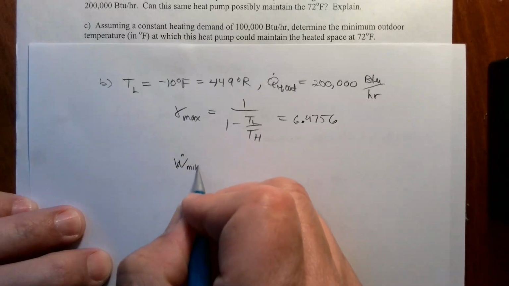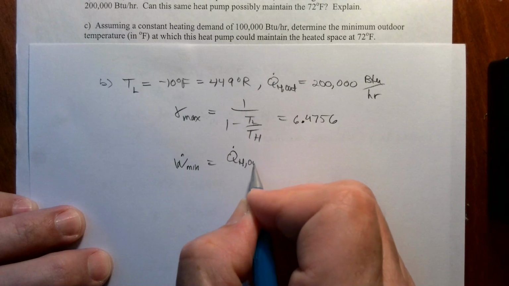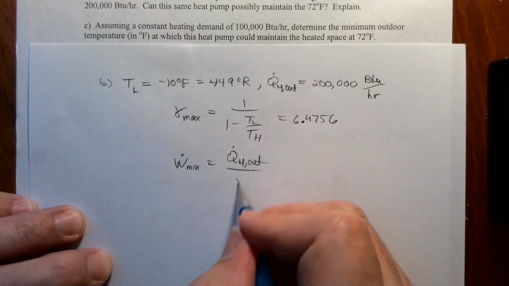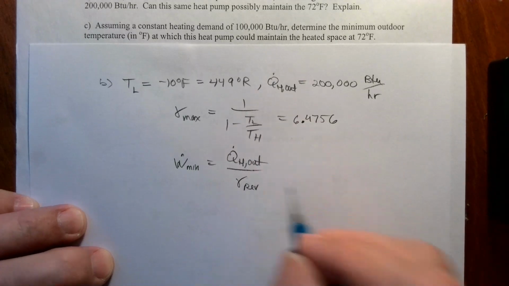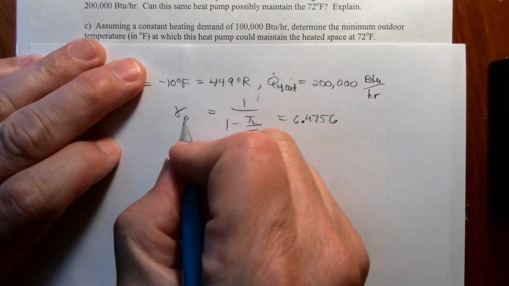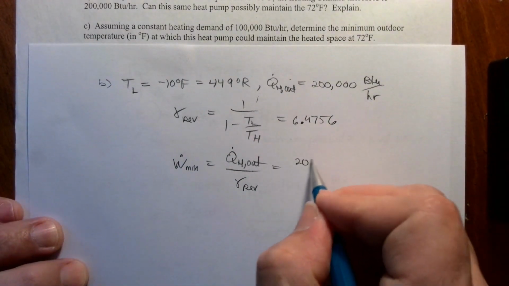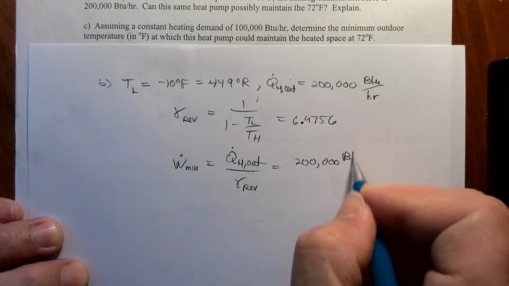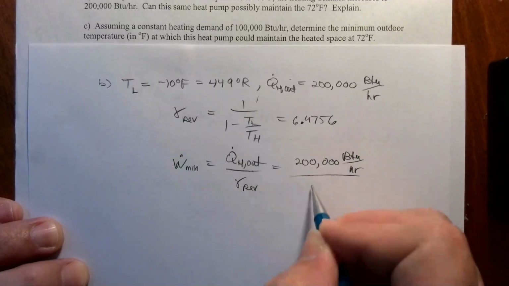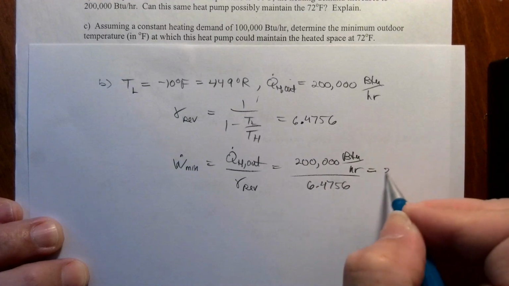The minimal amount of power required to achieve this would be Q, our load, out, divided by this gamma reversible. Oh, I called it max up here. It's the same thing. It is max, right? I've called it max in previous classes. So this comes out to be 200,000 BTUs per hour divided by that 6.4756.